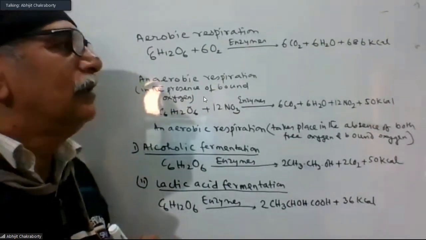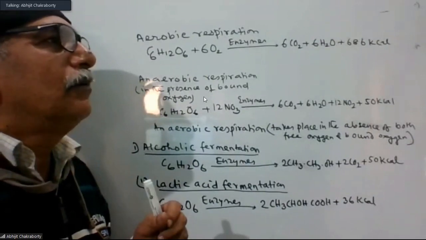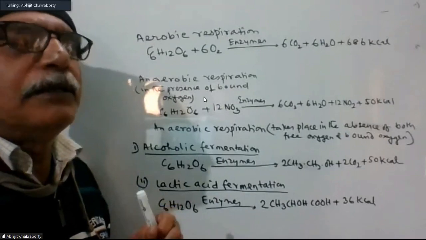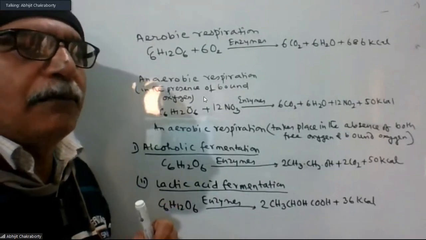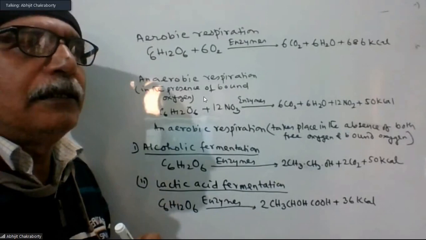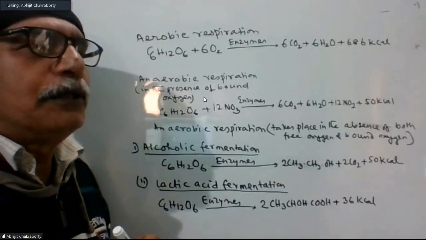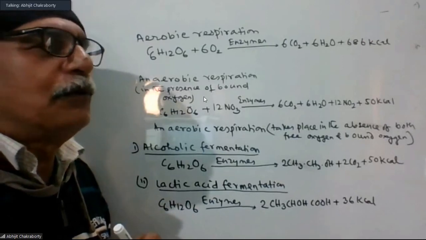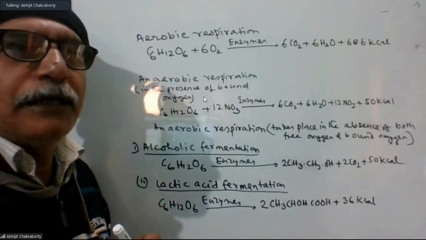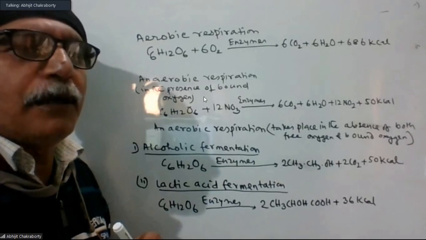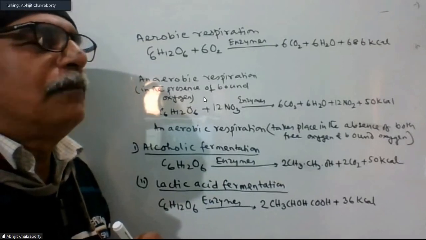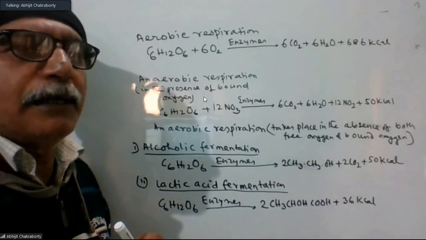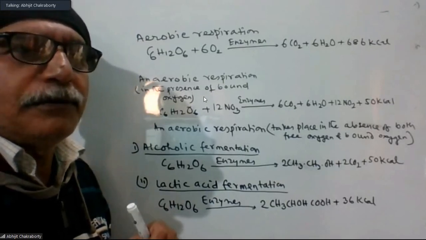A well-developed electron transport system is required to be present, because maximum energy, or maximum ATP molecules, are produced through the electron transport chain. If it is not developed properly, obviously there will be partial release of energy only. There should not be complete release of energy. Is it clear to you?